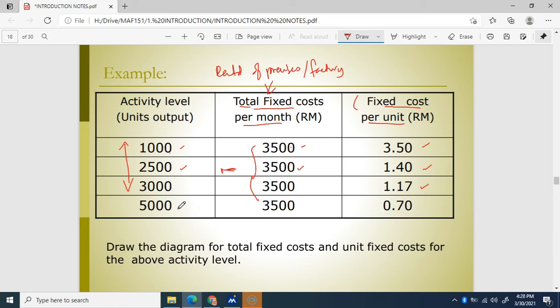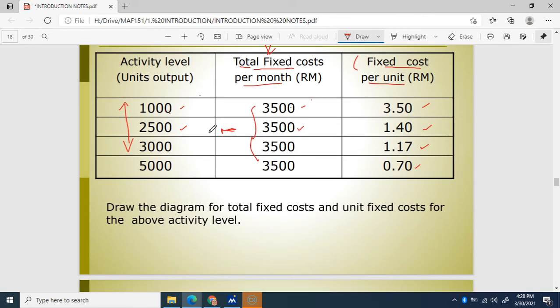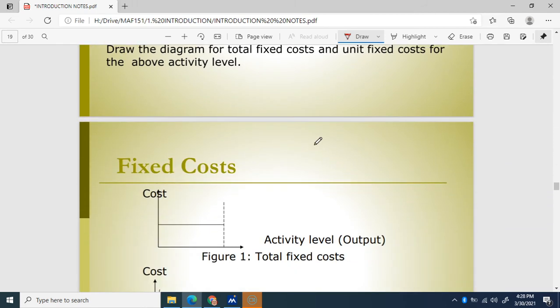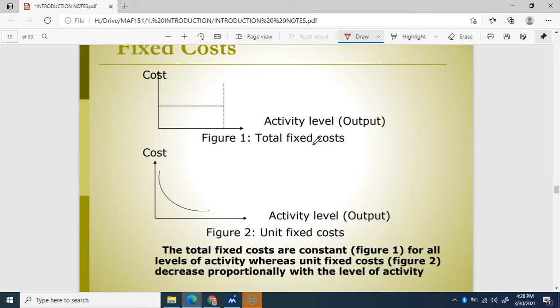And if you produce 5,000 units, the fixed cost per unit is 70 cents. So you can see that if your level of activity increases, total fixed cost remains unchanged, but the fixed cost per unit keeps decreasing.